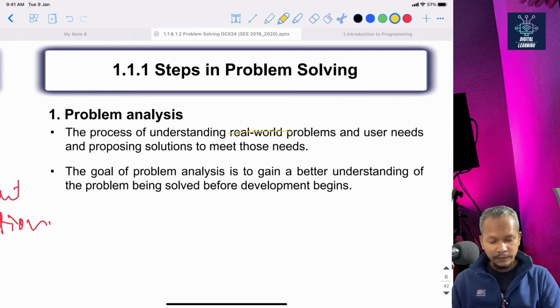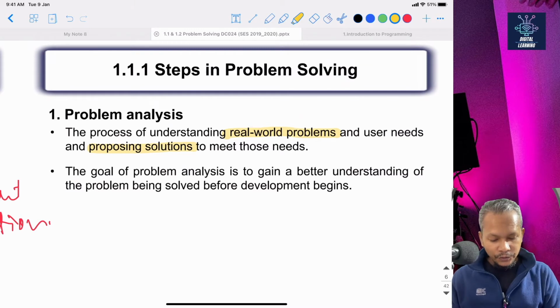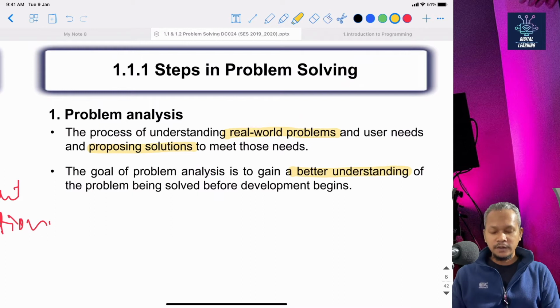The goal of problem analysis is to gain a better understanding of the problem being solved before they develop something.